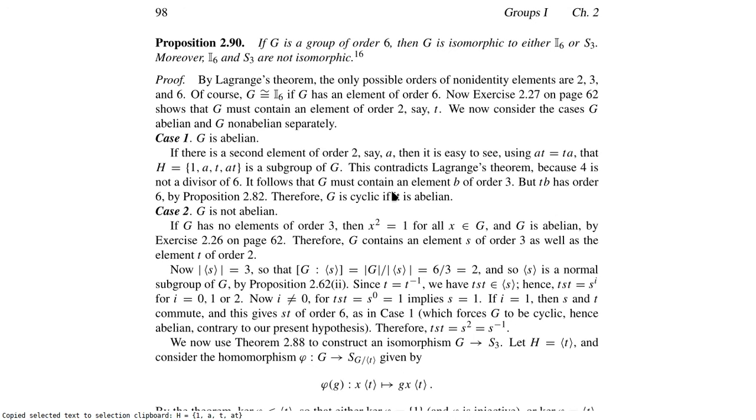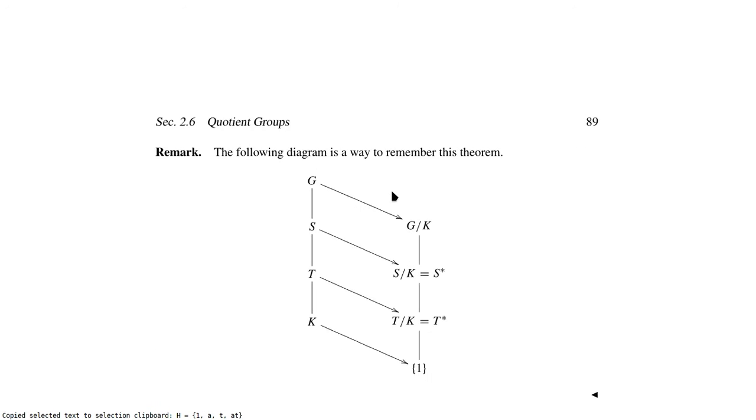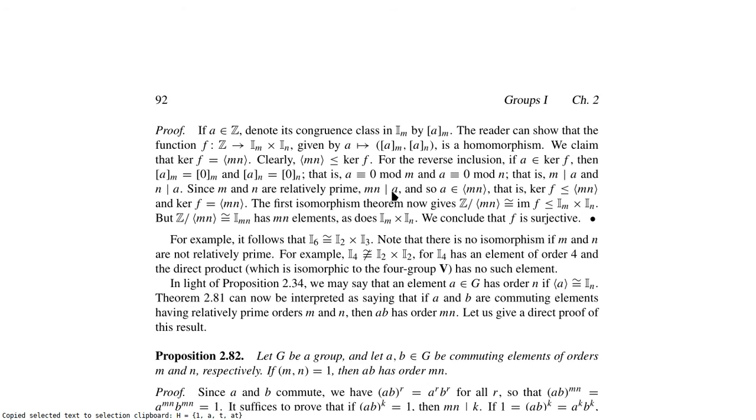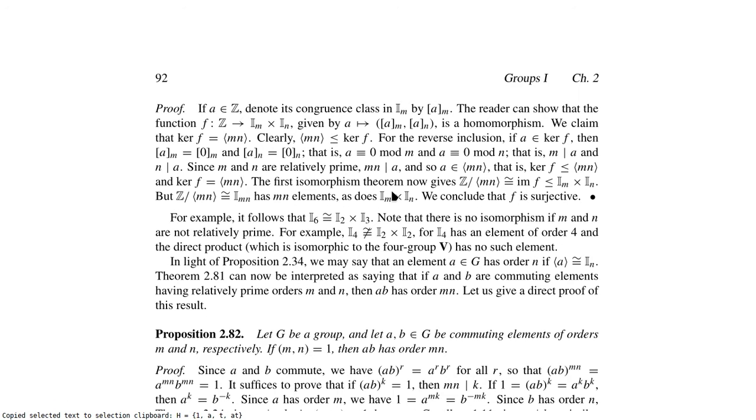So if it is of order 3, then TB is going to be of order 6. So TB is of order 6, proposition 2.82. Do you want to see that? But I believe it's because, right, if we have two commuting elements of orders m and n, then their product is going to have the order mn.